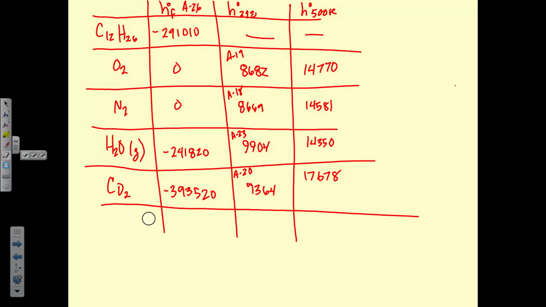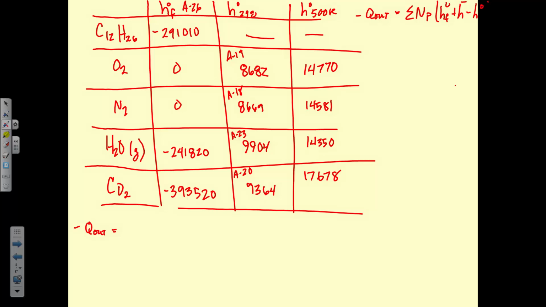And I didn't leave myself a lot of room here. I don't know why I wrote so big. Okay, so now we start putting that into our equation. So minus Q out is equal to the sum of the number of the products, enthalpy of formation, plus enthalpy minus enthalpy at the reference state, minus the sum of the reactants, using those same terms.